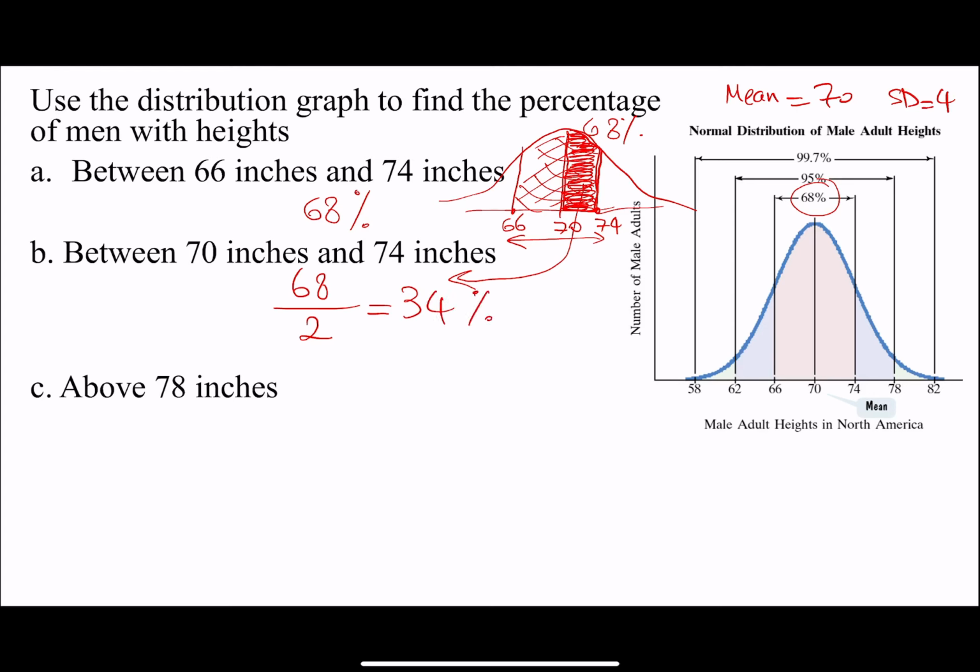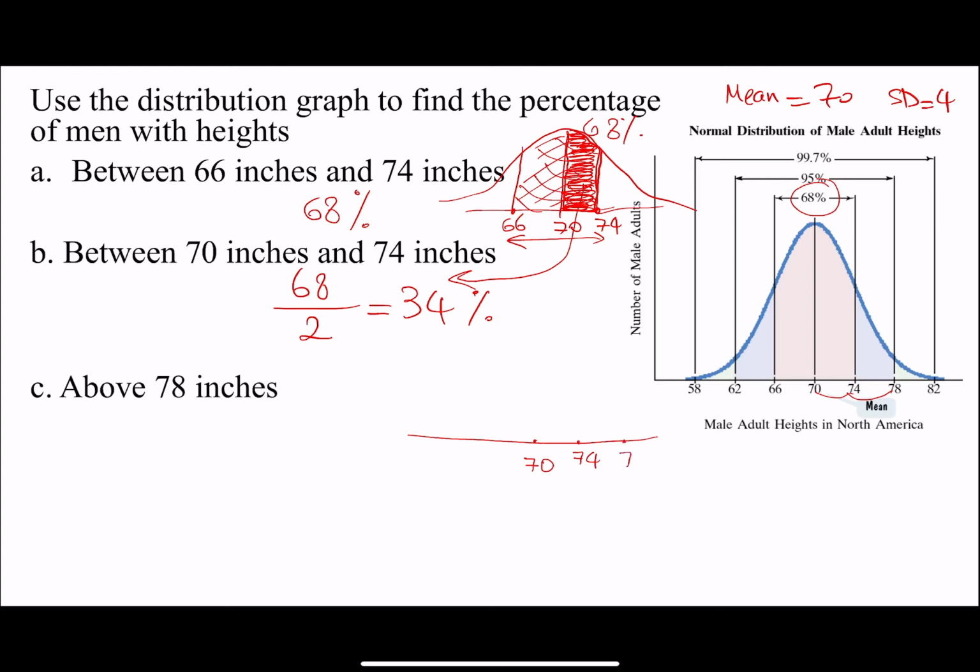Now part C, above 78. Just look at the graph. 78 is 2 standard deviations to the right. If I have the graph, the mean value is 70. One standard deviation to the right is 74.